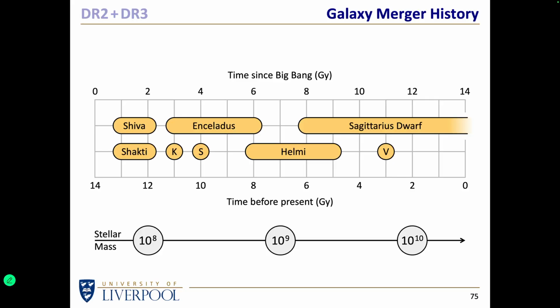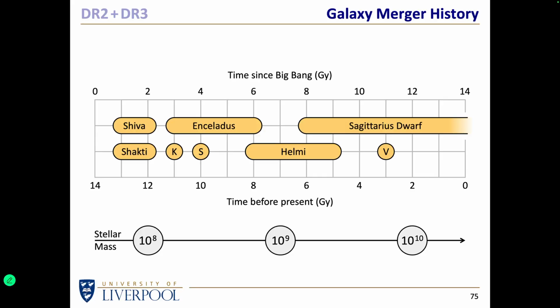I'm not going to talk through them all, but it's interesting to note that Enceladus there, the Enceladus galaxy, sometimes called the Gaia Enceladus sausage, that particular galaxy interacted with us somewhere between 3 and 6 billion years ago. And they've been able to determine, from looking at the nature of orbits of stars, that some of the globular clusters that we see in the Milky Way, in a sense, don't belong in the Milky Way.